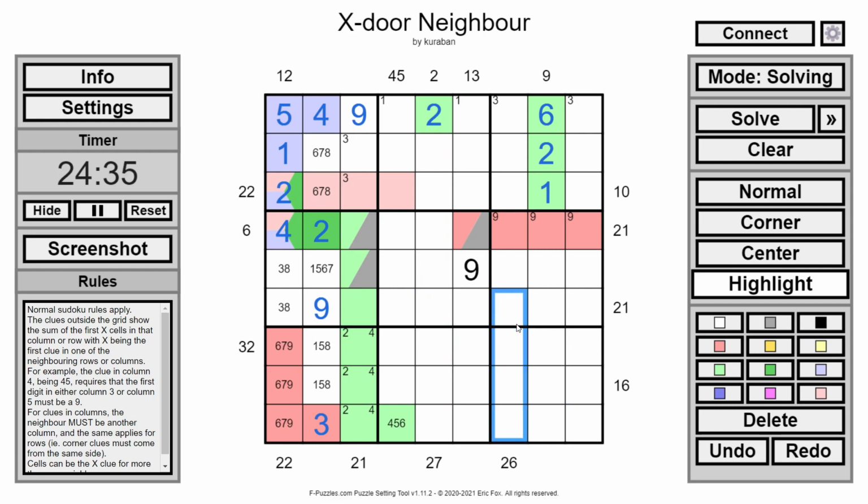This is also at least 4. But the thing with this one, this digit could be the X for this column as well. Could this be 5? Hmm.